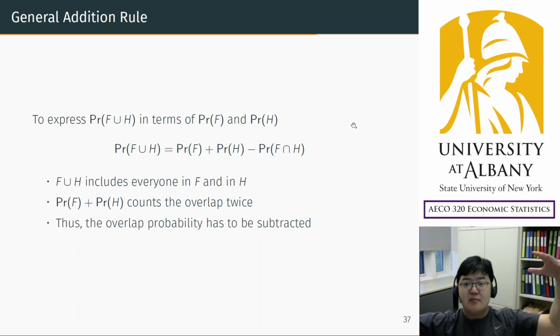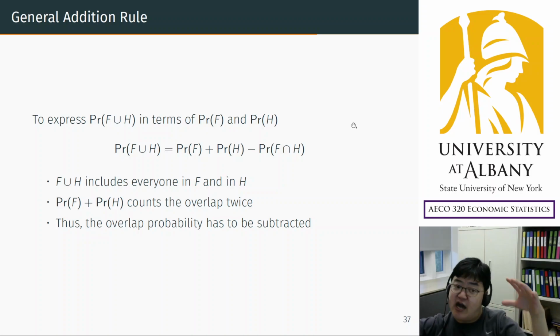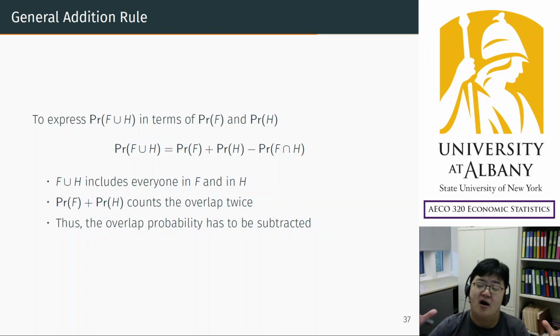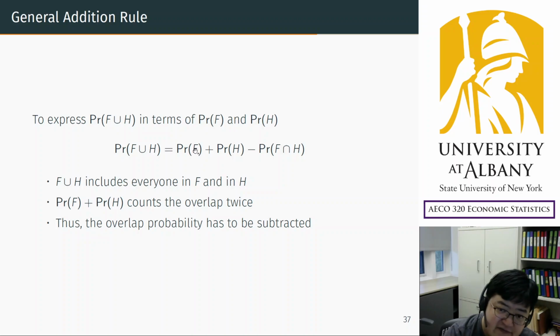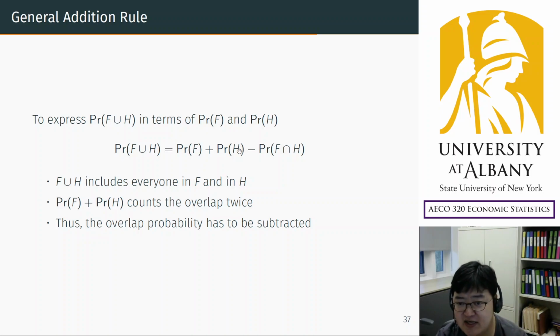So you include both F and H, but the probability is not just their sum. You need to subtract something because there is an overlap when you add the two probabilities. There are people who are included in F and H at the same time.